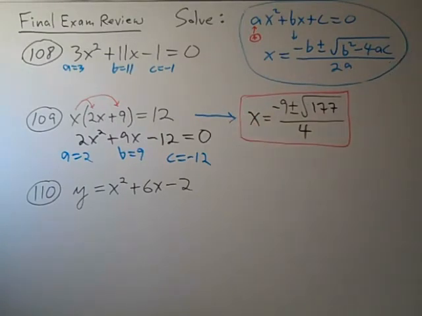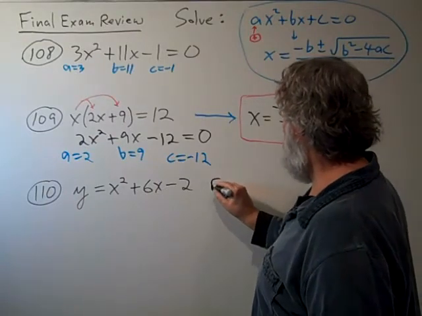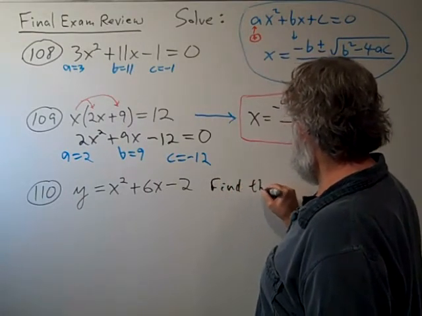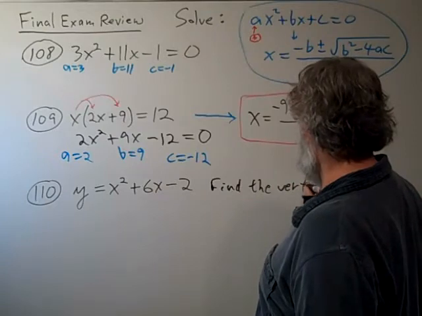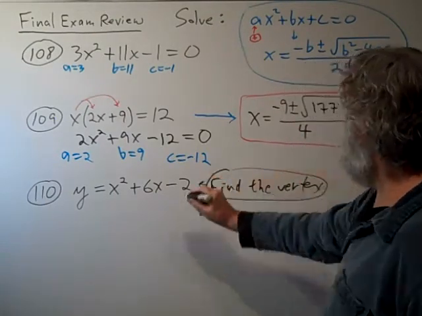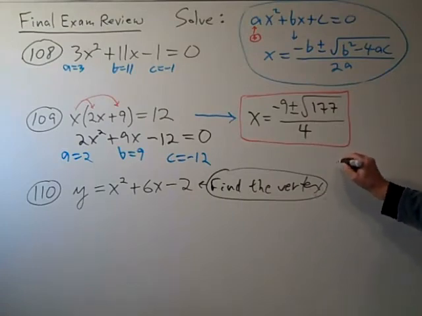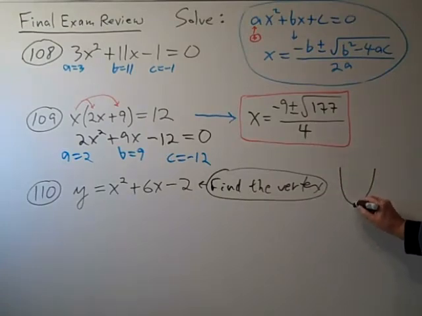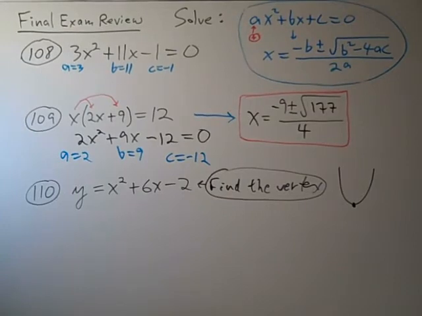Okay, for problem 110, they want us to find the vertex. Remember, the vertex is that turning point on the graph of a parabola. So to find the vertex, let's first find the x-coordinate of the vertex.